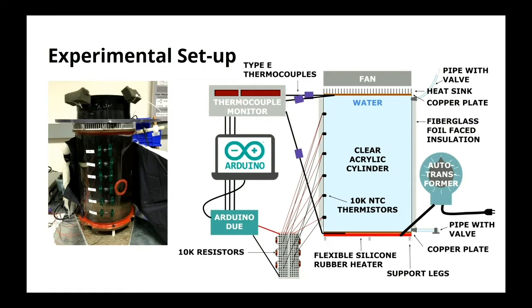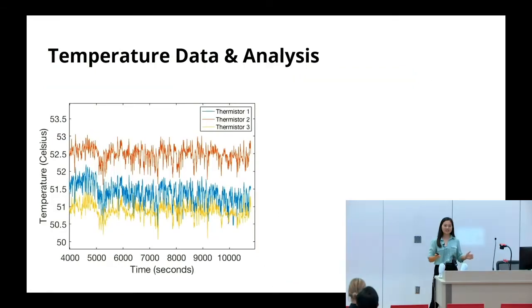I heat the bottom, cool the top, wait for turbulent convection to start going, and wait for the plates to reach equilibrium, so they stop changing in temperature. Then I take data over 2 to 3 hours, and the sampling rate is about 20,000 samples per second. I take this data, which is collected using the Arduino, and I do reservoir computing on it in MATLAB on my laptop. That is the whole methods process.